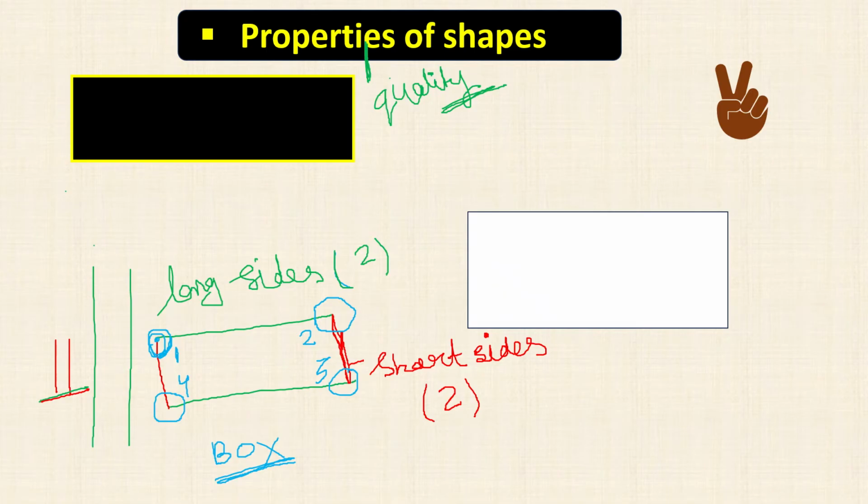Okay. I have already explained these points, so I will not explain again. Remember that a long stick is a long side, a short stick is a short side, and where a red and a green one are attached, we call it a corner. Clear?